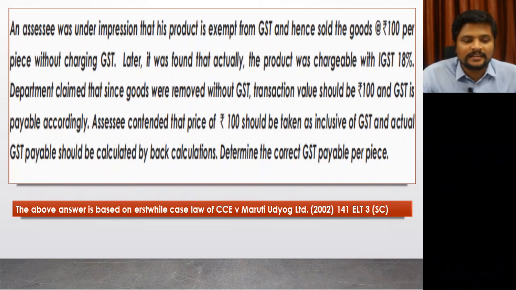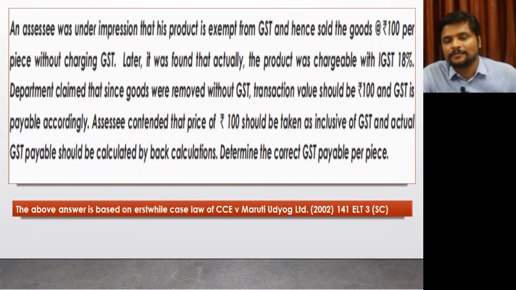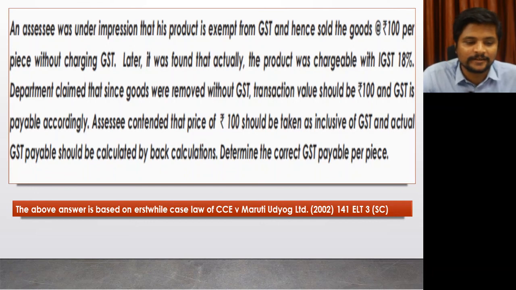Now the department is claiming that since the goods were removed without GST, the transaction value should be rupees 100 and GST is to be paid accordingly. It means you have to take the transaction value as 100 rupees and calculate the applicable GST. For example, it is 18% here. So 18% of 100 rupees, 18 rupees the person has to pay to the authorities. That is what the department is claiming here.